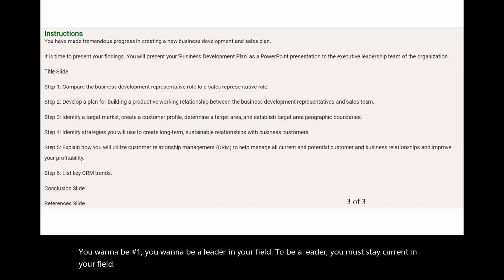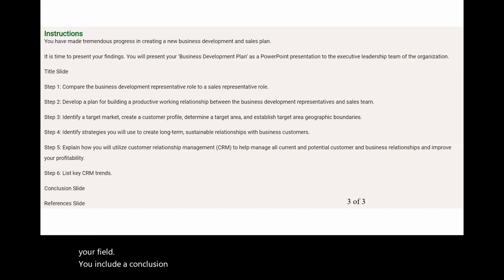Include a conclusion slide and a reference slide. Remember the keywords. Keep it minimum on the slide. Use keywords, phrases, and images, but not just any image, images that relate to your content.